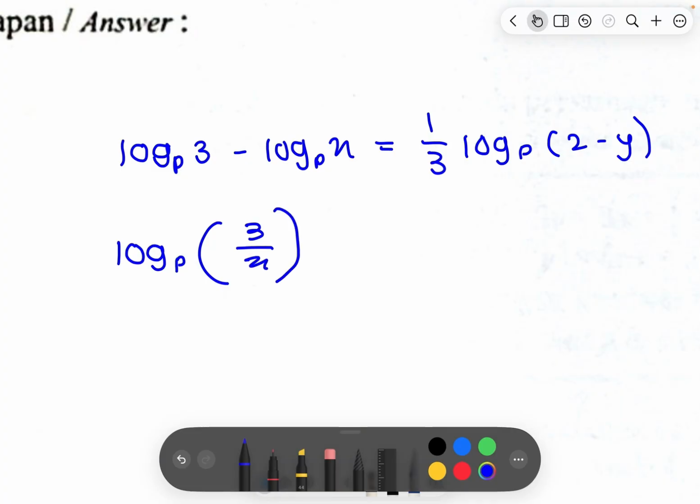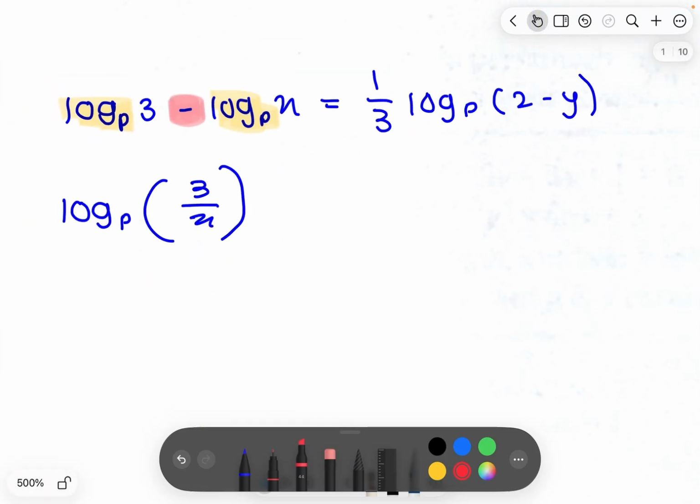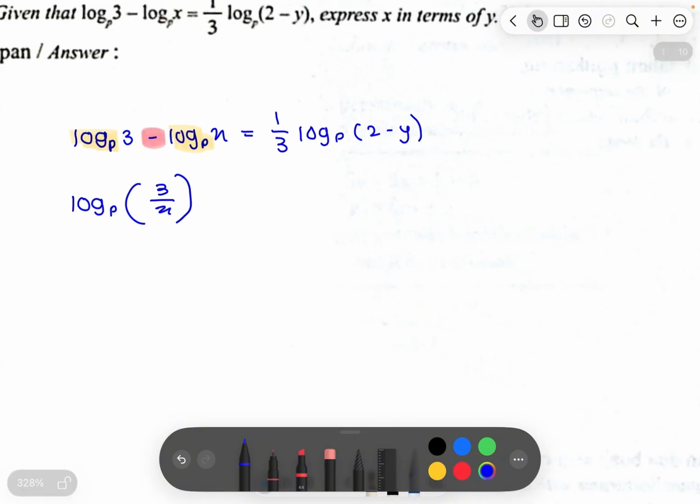If you have logs, both of them are the same log, and they are minus or plus, then you can form it into a bracket.